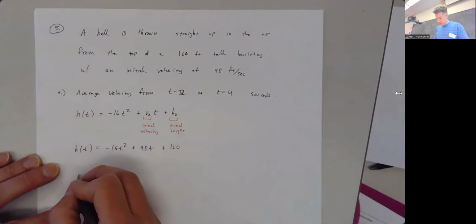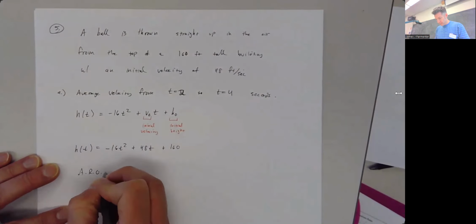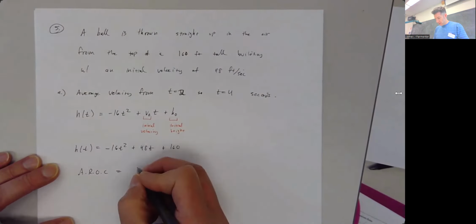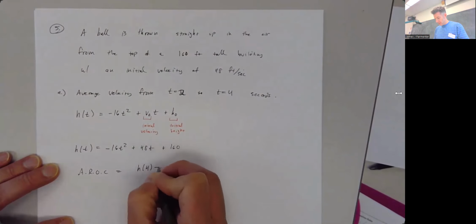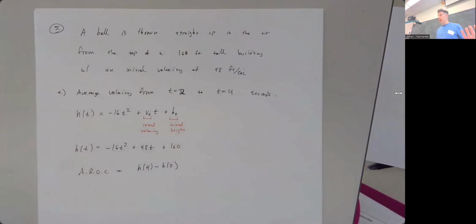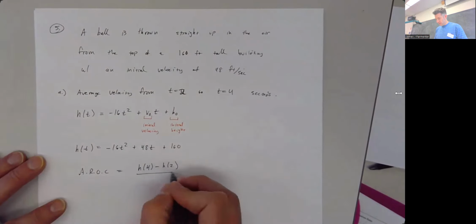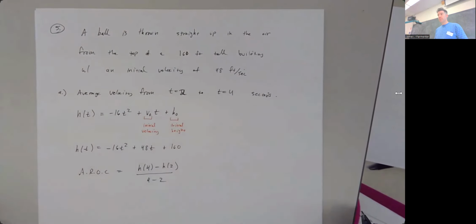Our average rate of change here is going to be the end position minus the beginning position, or the change in height, divided by the change in time. Let's see what that is, and then we'll talk about what it means.